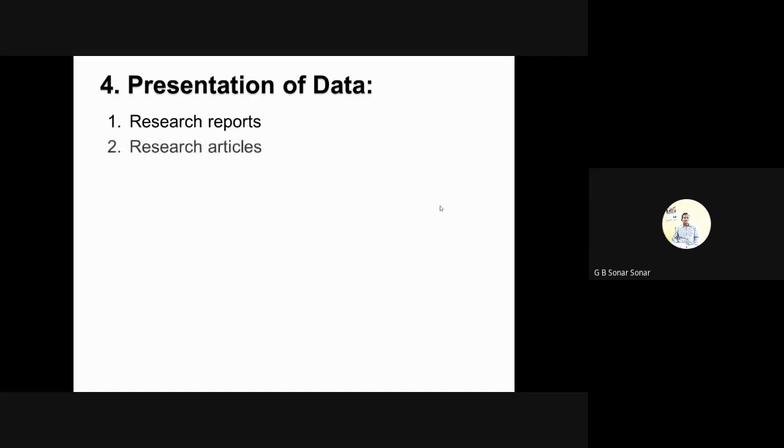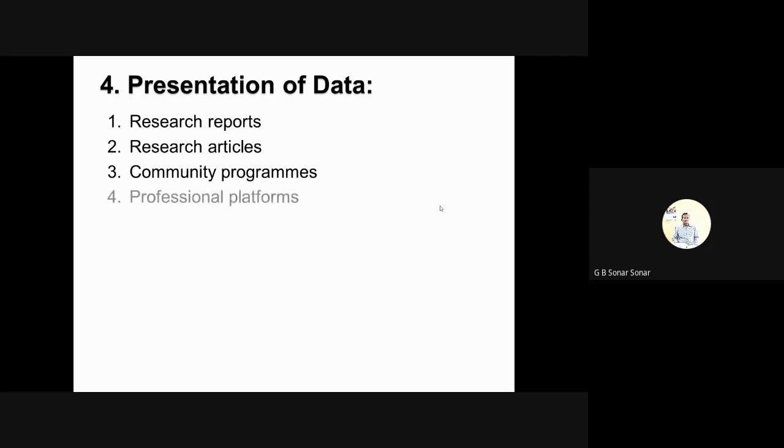And any research reports are also presented in the form of research articles to influence policy makers, planners, developmentalists, government, bureaucrats, etc. And research reports can also be presented in community programs to bring awareness and sensitize the community members.